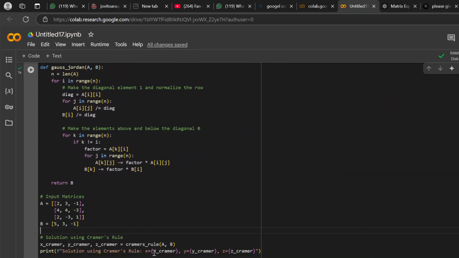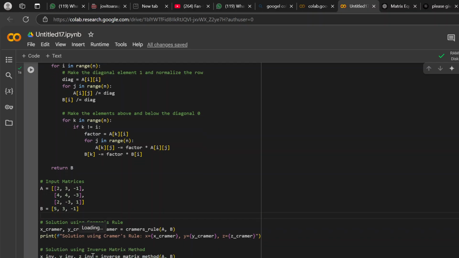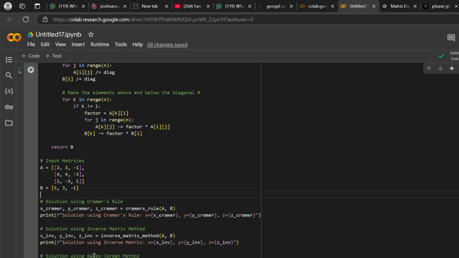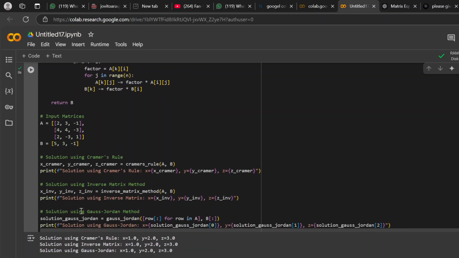For the x Kramer, we just print the solution, and we do the same with the solution for the inverse matrix, and the same with the Gauss Jordan. We just call the function, and after that we structure it very well, and this has the same result. Yeah, maybe my friend wants to give some more.